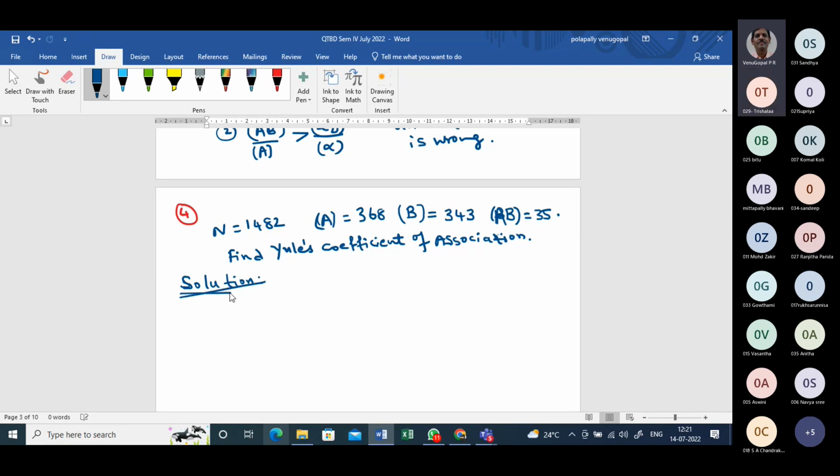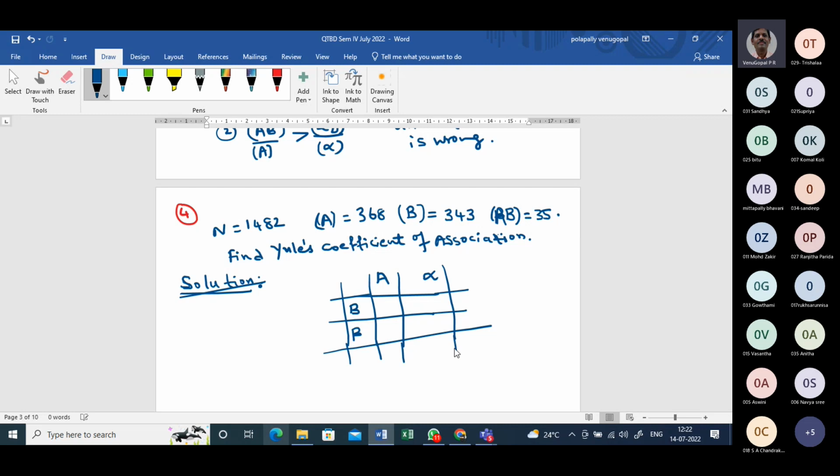We have to first find alpha and beta, sir. Yeah, first make the table: A, alpha, B, beta. They are attributes.